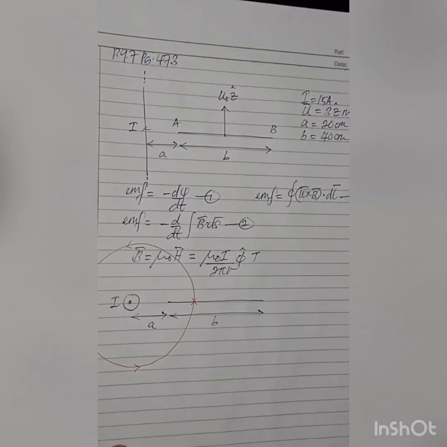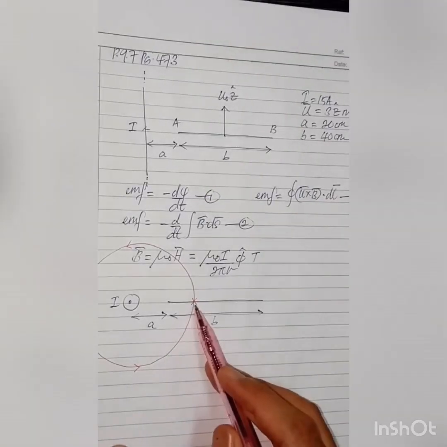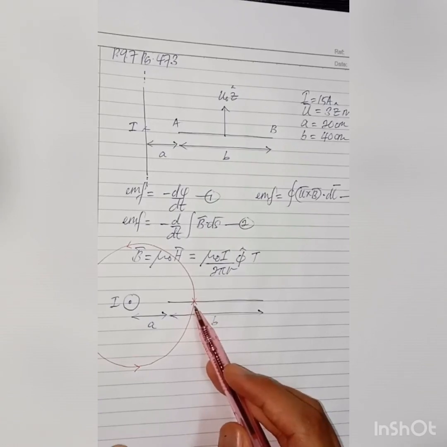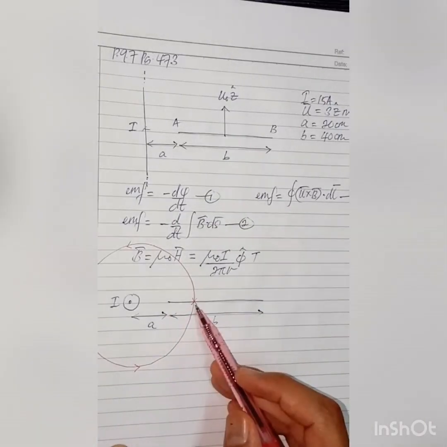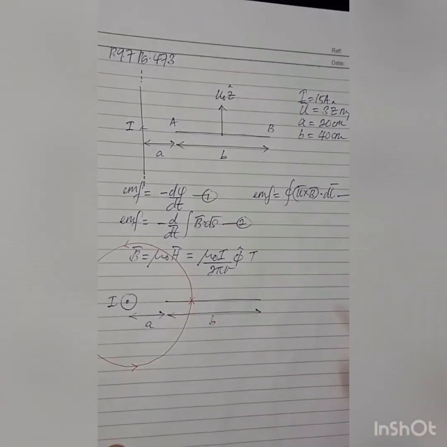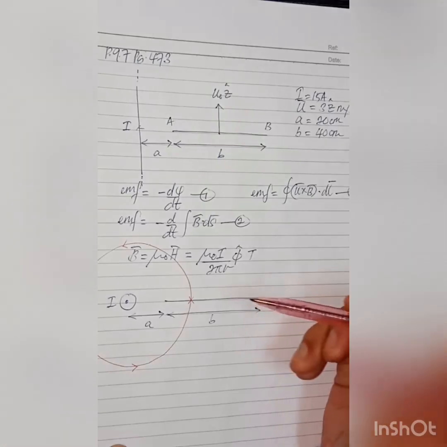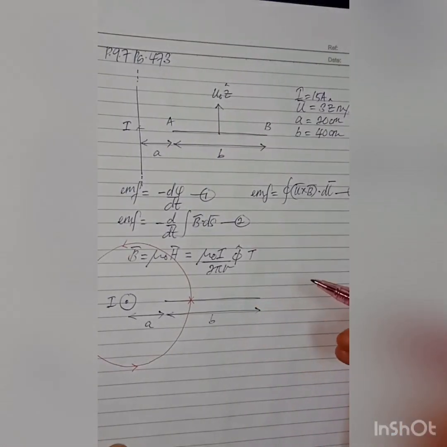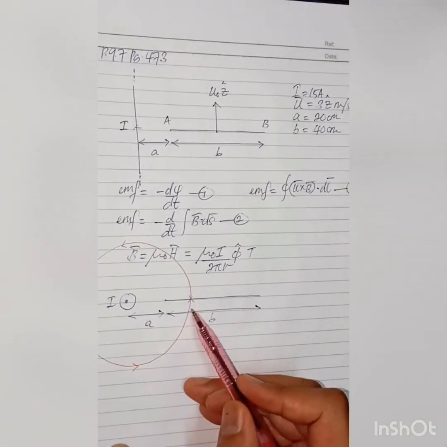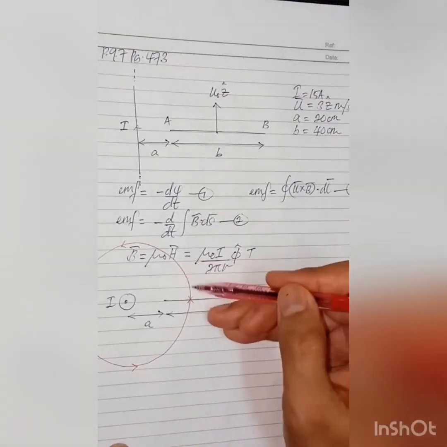You can see that at this particular point of interest, taken along the rod, the B field actually has the negative x direction, for the tangential component of the B field.